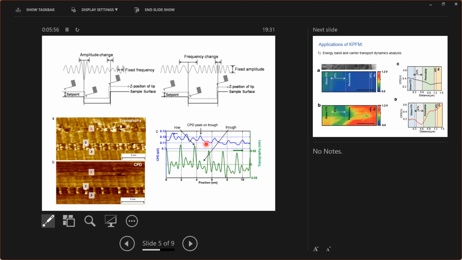Here the positions of CPD and topography are reversed, because the CPD we are getting only from the DC bias, and the topography we are getting from the DC bias as well as the AC bias. And in CPD, meaning the contact potential difference, as the distance is changing, the potential amplitude is also increasing, so the peaks we are getting here.